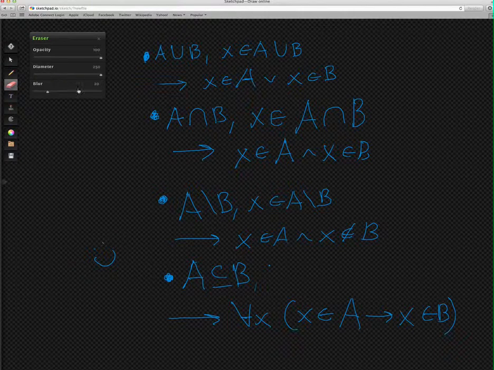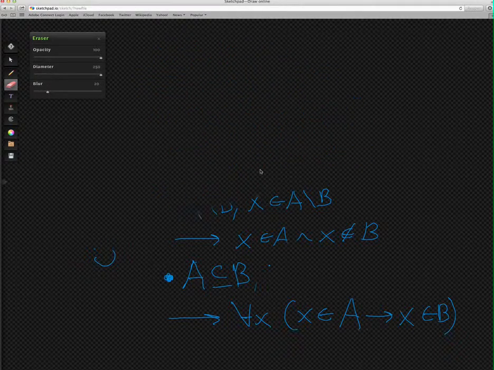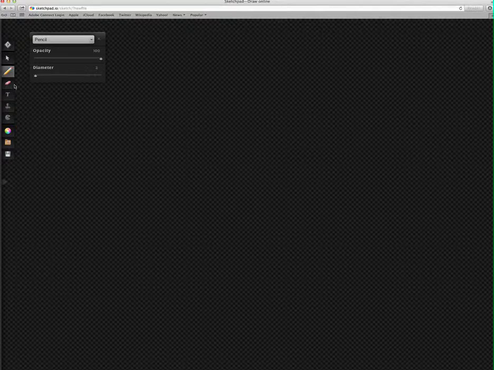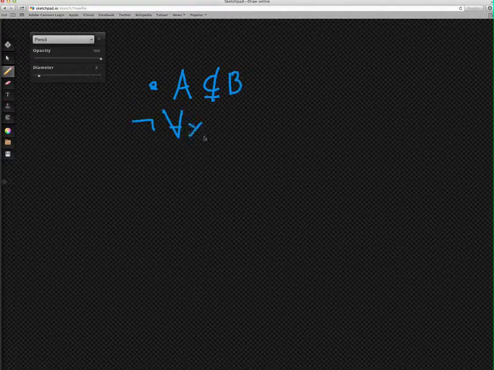Alright, moving down the list here. Just gonna erase this. Let me bump up the diameter here. Alright, this we have A not a subset of B. And this is just the negation of the statement.